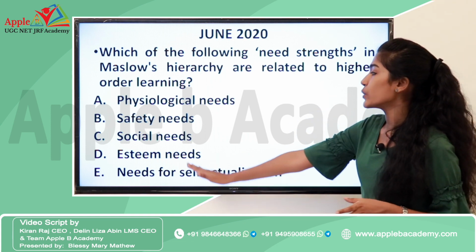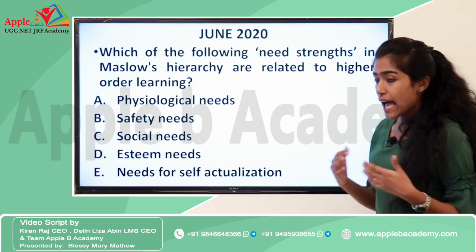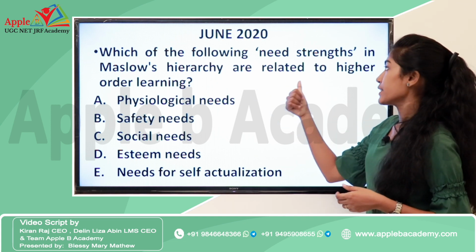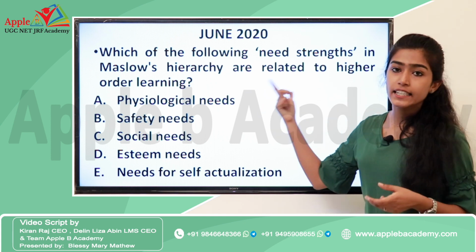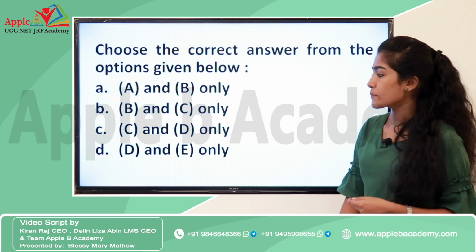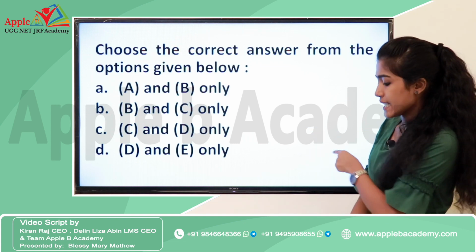So, these are the two needs that you need in the process of learning, and which can be considered as the hierarchy of needs associated with higher order learning. So, you can opt for option D, which includes D and E.